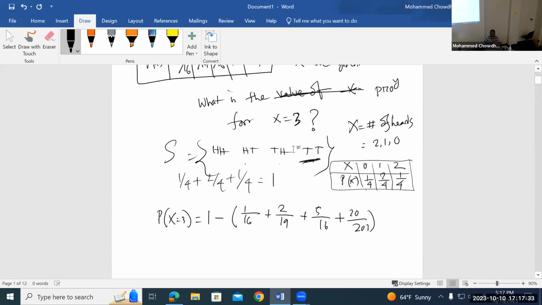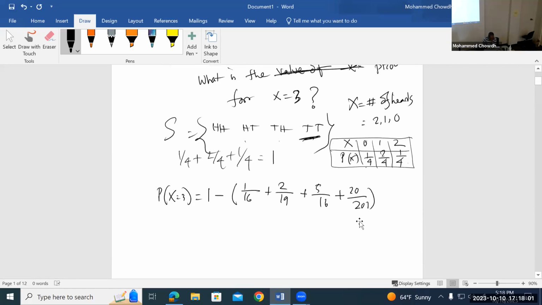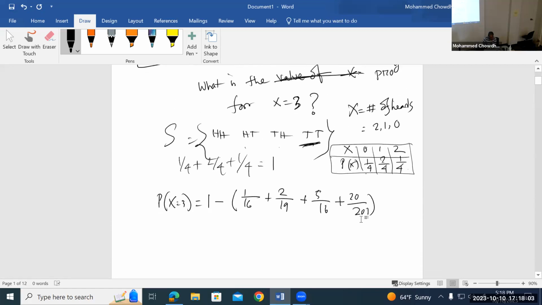That is the answer. Clear, right? So that is the way you can find the probability.